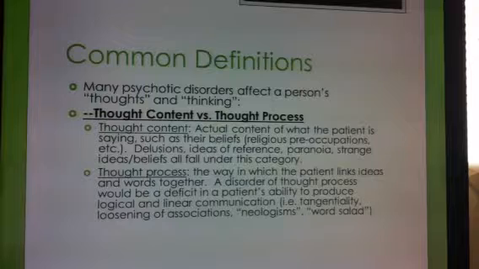A disorder of the thought process would be a deficit in a patient's ability to produce logical and linear communication. What this means is that normally when people are talking, you can follow what they're saying. If you ask them a question, they're going to answer it with a pretty direct, straight answer. That's called linear.